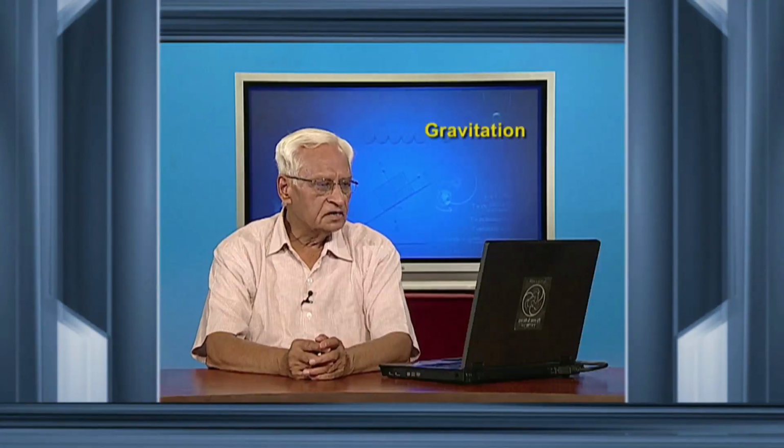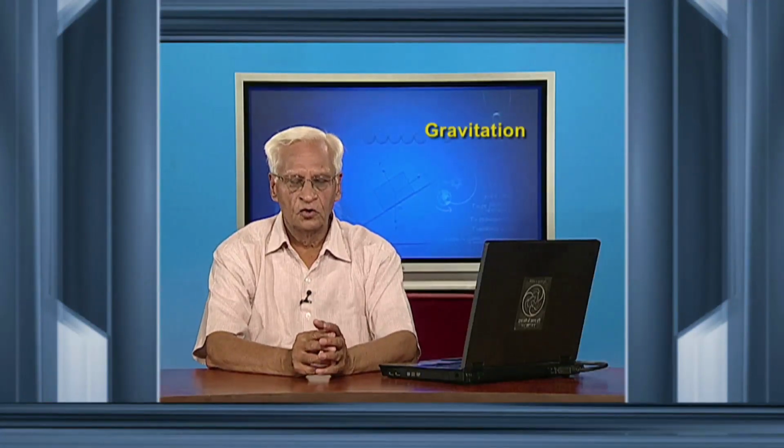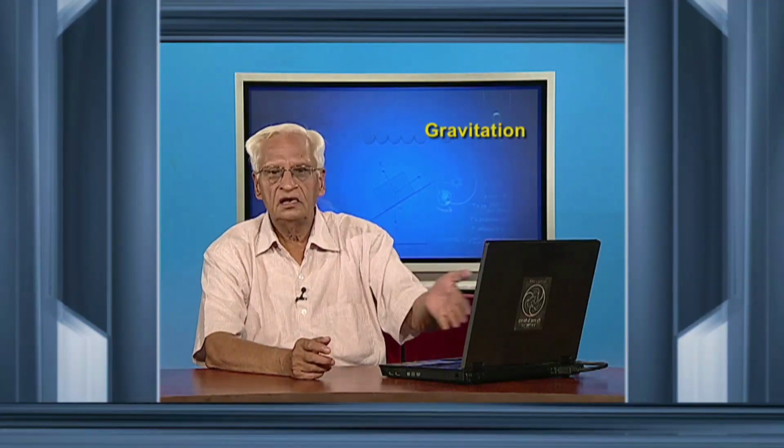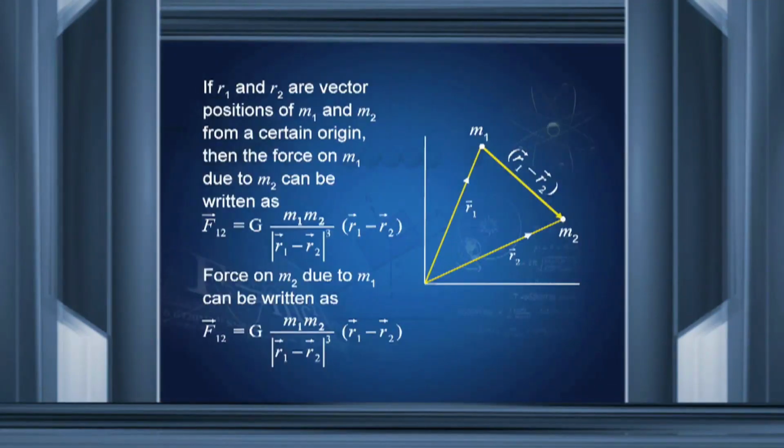We can also write these forces in terms of the vector positions of masses m1 and m2. The vector position of m1 is r1, the vector position of m2 is r2, and the vector from m2 to m1 is r1 minus r2.